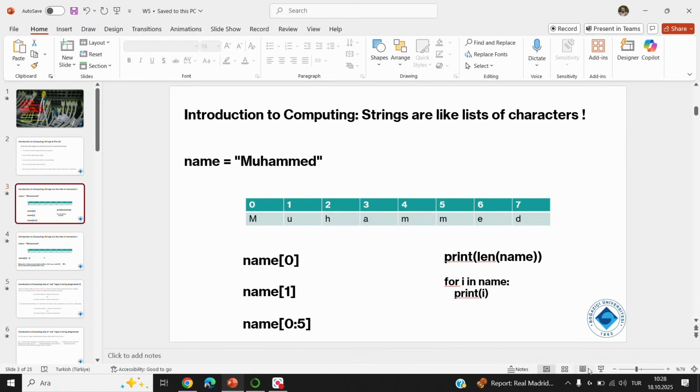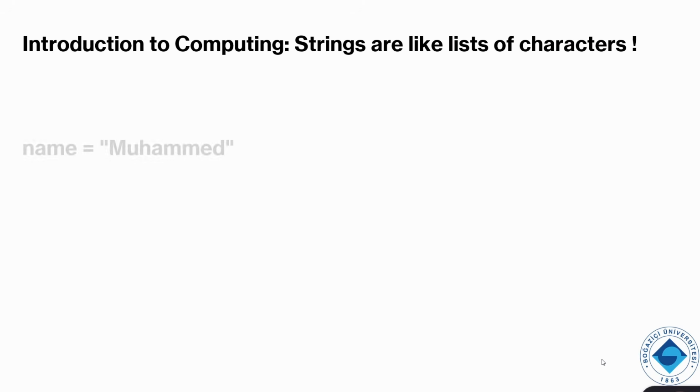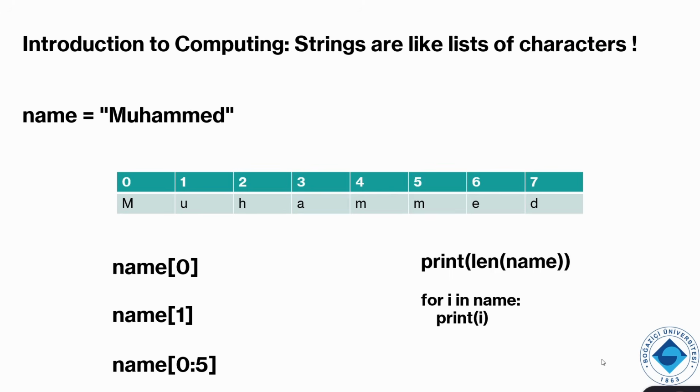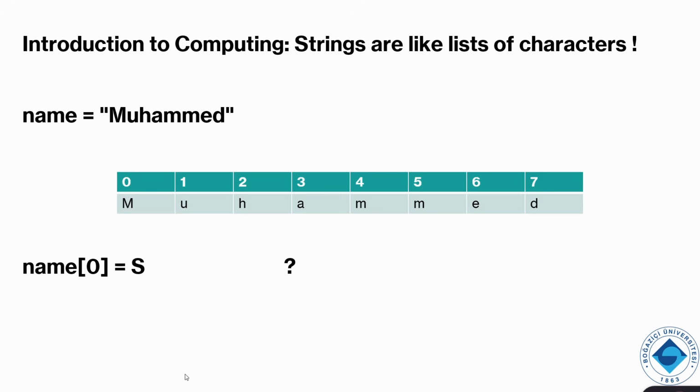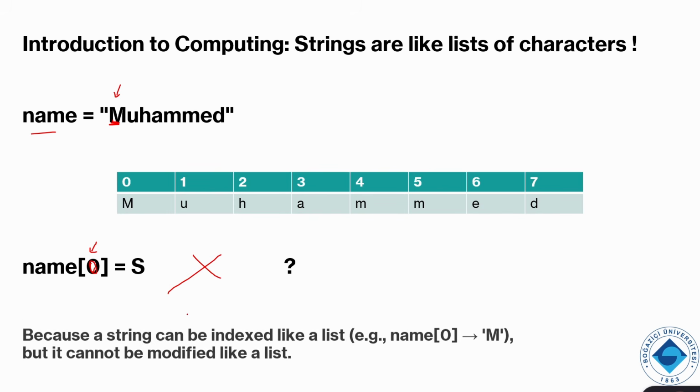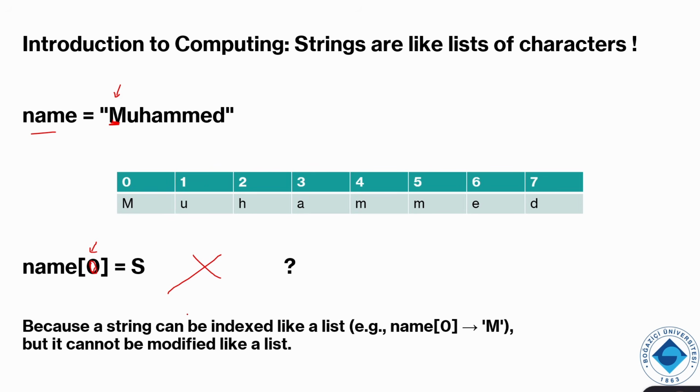Okay, let's continue from slides. If I want to change any element inside of a string, let's say I change this character m, which is index number 0, like in list operations, it will give an error, because a string can be indexed like a list, but it can't be modified like a list, right?